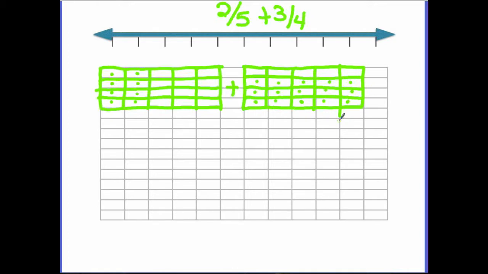So, my first row, I'm just going to go through and take a dot, add it over here. And if you want to keep from getting confused, you can even just put an X.